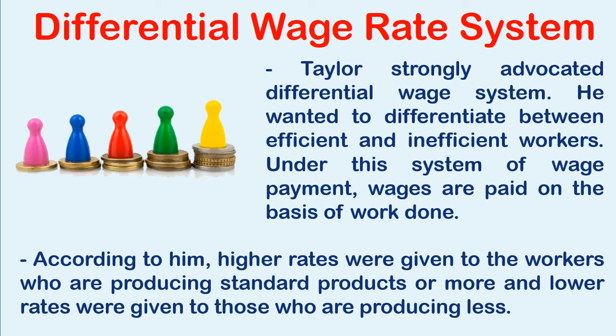Let's say we have worker A producing 12 units and worker B producing 10 units. So when you have a differential wage rate system, you can reward worker A, who produces more units than the standard, by giving him a bonus or by paying him wages for the extra units he has produced.